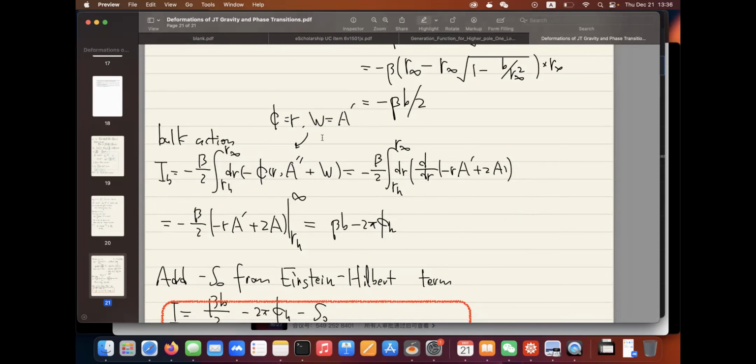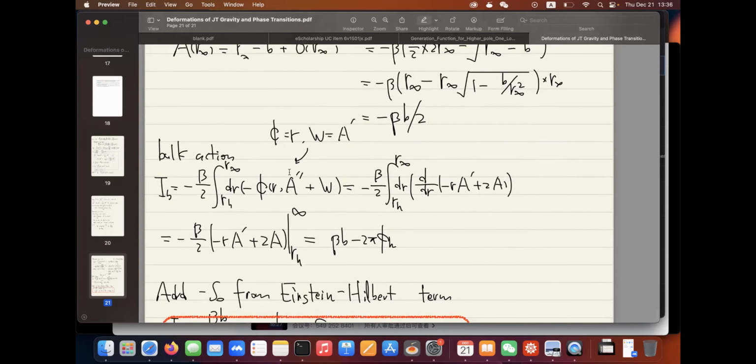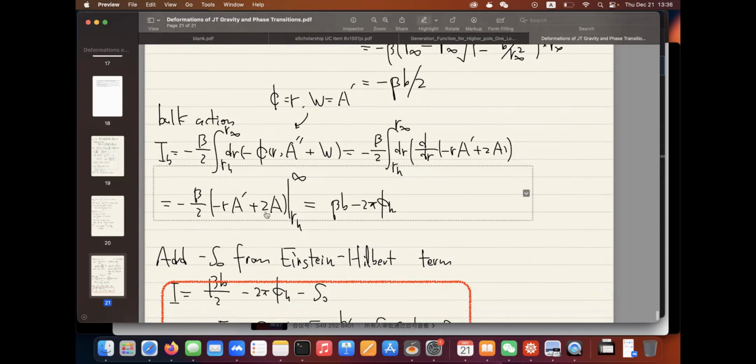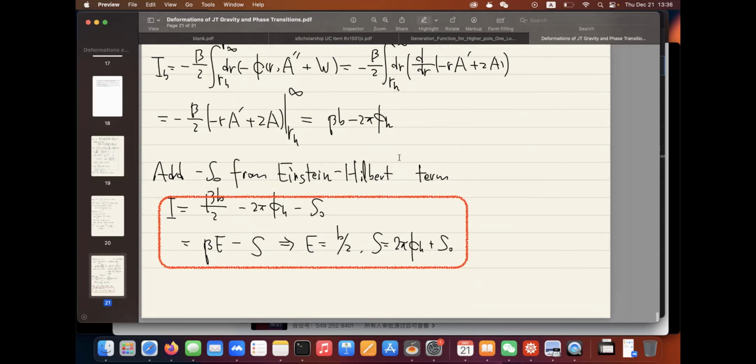Anyway, you can find it. Then you put everything in it. Then you just take R to infinity, then you will get this equation. Good. Then maybe you can add some topological term. It gives minus S0. Note this formula.